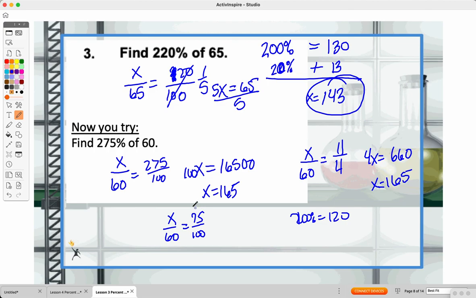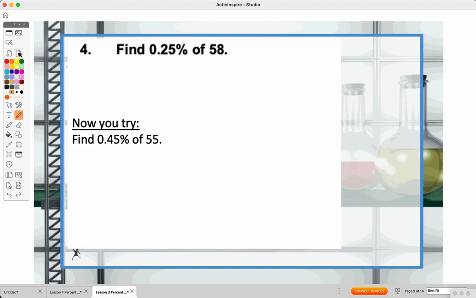I could leave it as 75 over 100, but I would probably go down to 3/4 to make my math easier. 4x equals 180. And then you'll get real quick 180 divided by 4. You get 45. So x equals 45. And when you add 45 to 120, you get 165. All three ways I've shown you how to get the exact same answer. You can figure out whichever one works best for you.